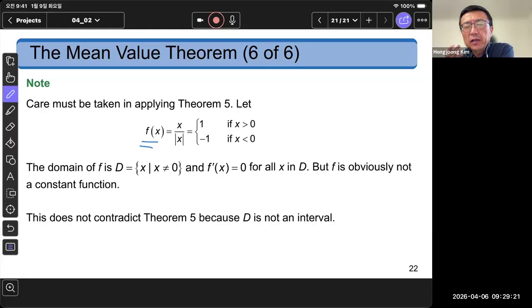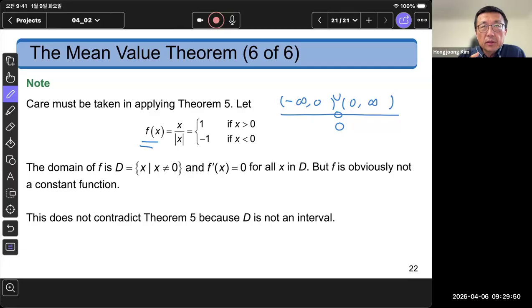If I eliminate this 0, the real line is split into two intervals: from negative infinity to 0 without this 0, and union 0 to plus infinity. So the domain is the union of two intervals. The domain is not a single interval.